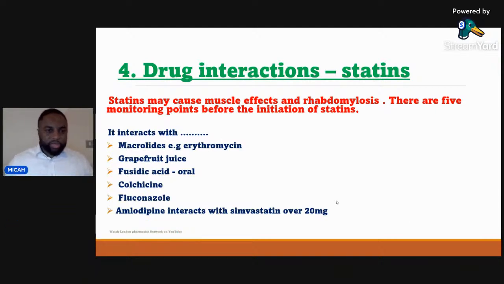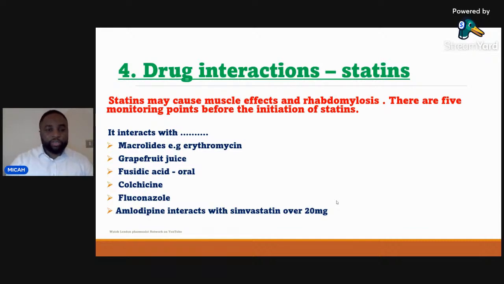Colchicine can also interact with statins. They shouldn't really be taken together because of the possible risk of rhabdomyolysis. If a patient is taking amlodipine, which is commonly prescribed to manage hypertension, then the maximum dose of simvastatin is 20 milligrams.